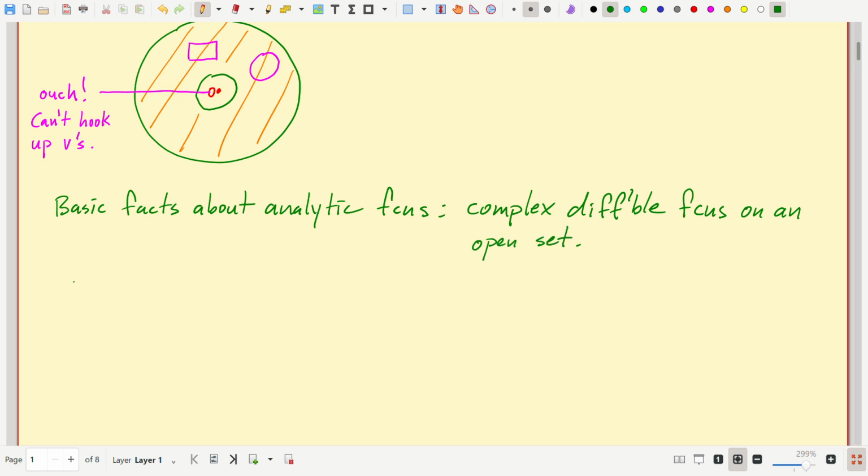One basic fact that I've already demonstrated is that analytic functions must be continuous.